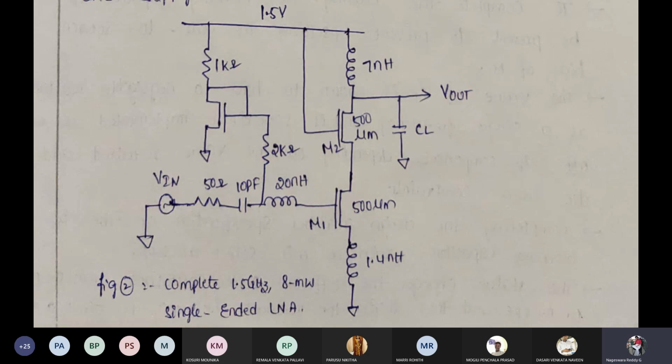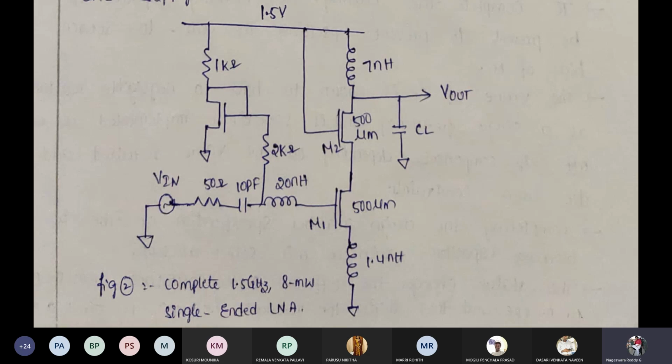You can observe in the diagram that the R bias value is 50 ohms and the base capacitance value is 10 picofarads, that is 20 nanohenry. LD is 7 nanohenry, L is 1.4 nanohenry. The width of the MOS transistors is 500 micrometers.